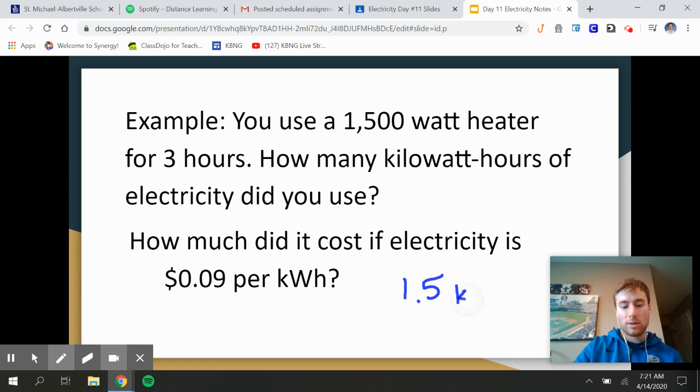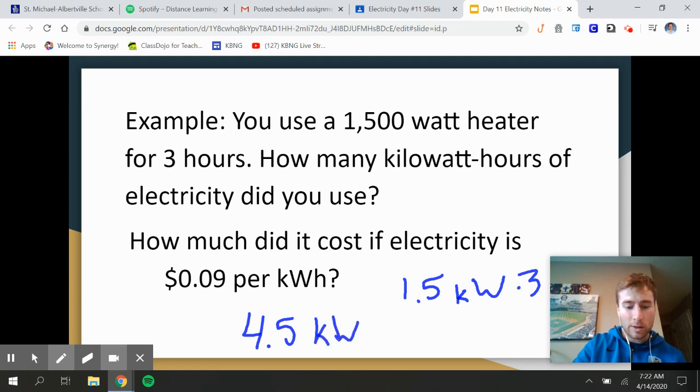And how many hours did we use it? 3 hours. I'm no math major, but that comes out to 4.5 kilowatt hours. So that's how much energy we actually used if we use that heater for 3 hours.